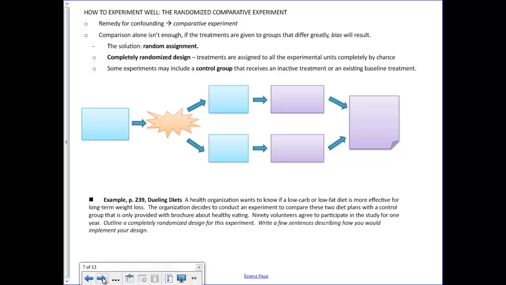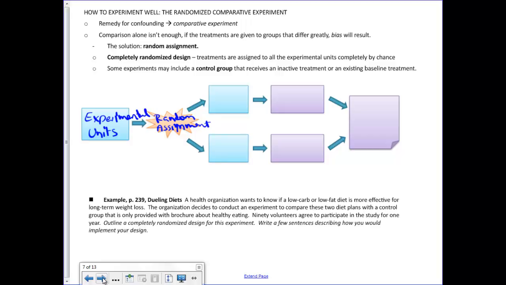The basic setup right here. We take our experimental units. We randomly assign them, so random assignment occurs. You've got your people.